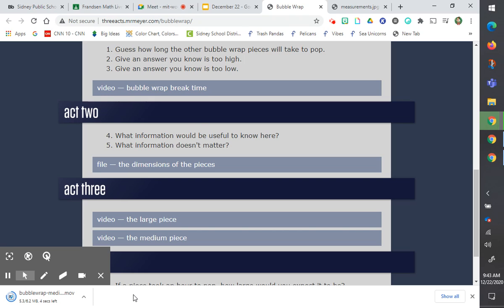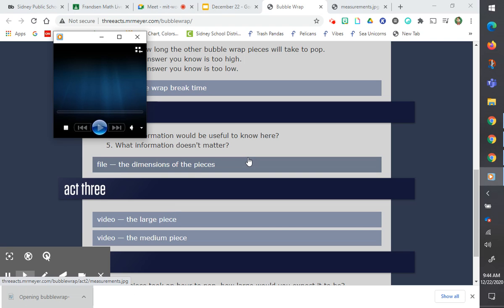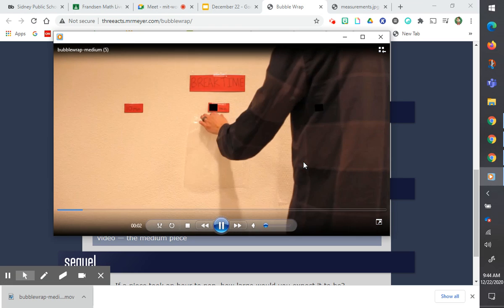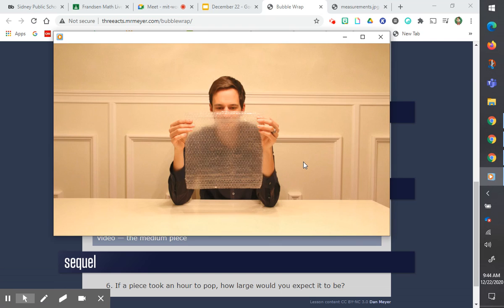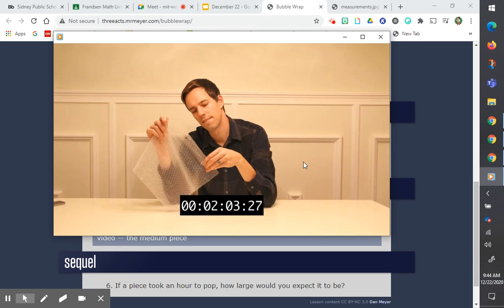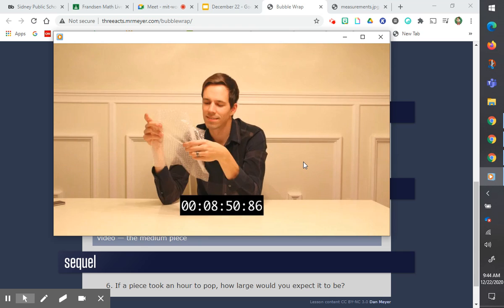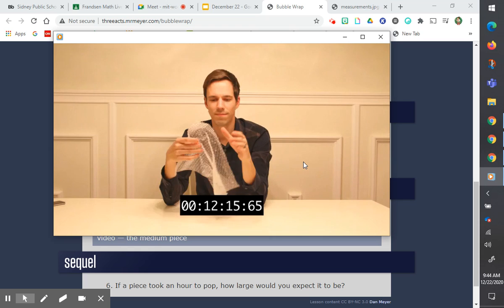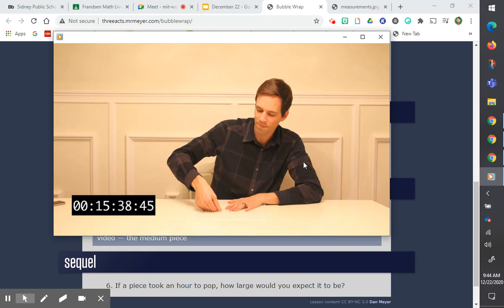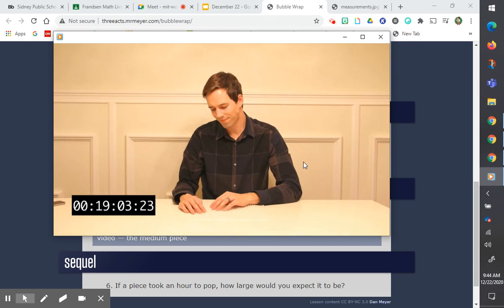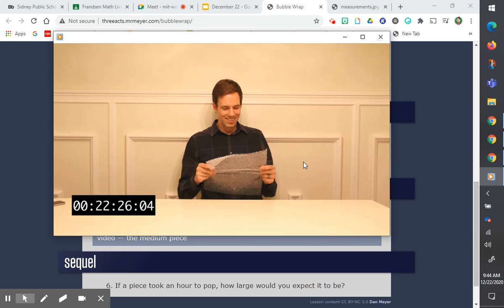I'm sorry, it takes a long time, it seems like, to load these. He's still going row by row, so he's still doing that same technique. 25, 22 and a half. 22 and a half.